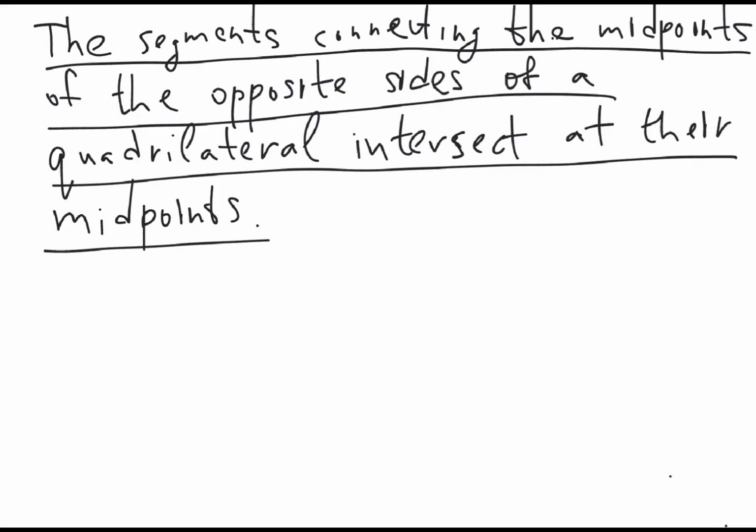Okay, in this video I'm going to talk about the segments connecting the midpoints of the opposite sides of a quadrilateral, of any quadrilateral, and the fact that they intersect at their midpoints. So basically we have an arbitrary quadrilateral. We take the midpoints of its sides.